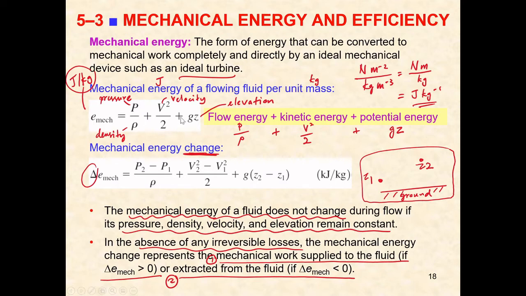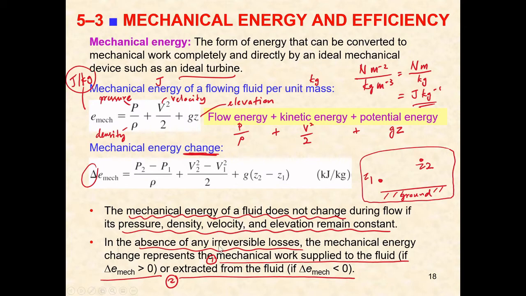So if everything remains constant, you will not have a change of this. If you try to find a change between 2 points and everything is the same, Z1 equals Z2, therefore you will have V2 equals V1, P2 equals P1, then you get a change of mechanical energy as 0, right? So that's what it means.